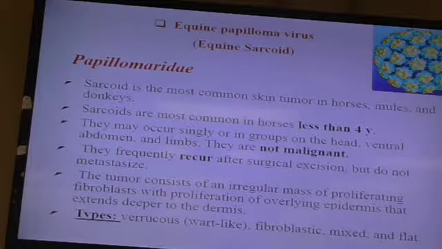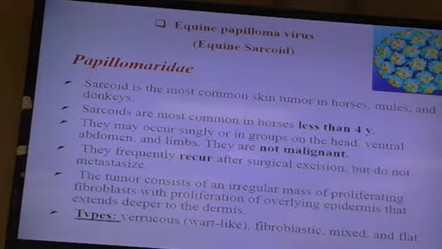Against bovine papilloma, the immune response seems to be effective. It can control the virus. And if they disappear, usually they do not reappear. But in the case of equine sarcoid, they do. So those are growths, but they're not malignant growths, which is also important.